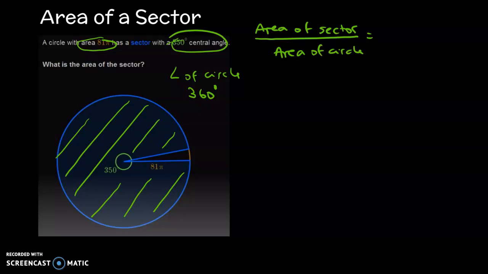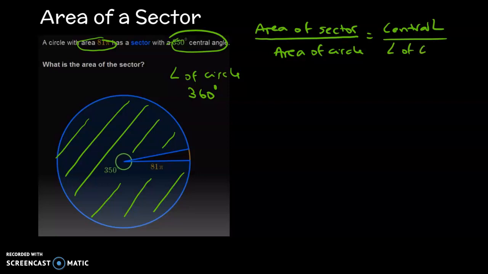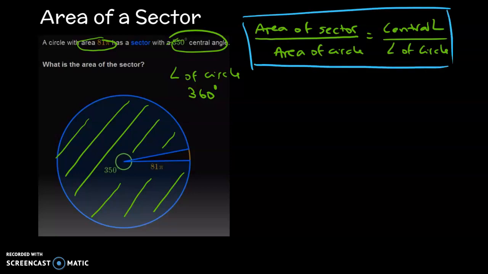That's going to be equal to our central angle over the angle of the circle. This is the key part that helps us figure out any area of a sector. Now all we need to do is put in the information that we already have.